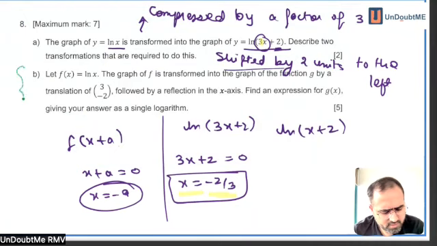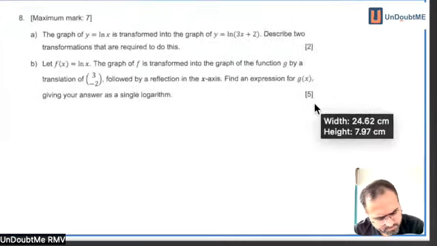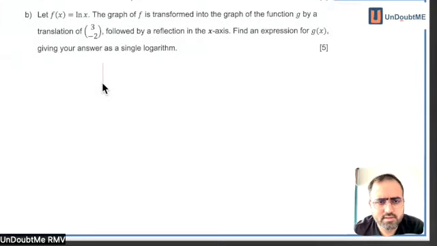Now the second part of the same question. Let f(x) be equal to ln x, the graph of f be transformed into a graph of g by the translation (3, -2). Now 3 and minus 2 means what?